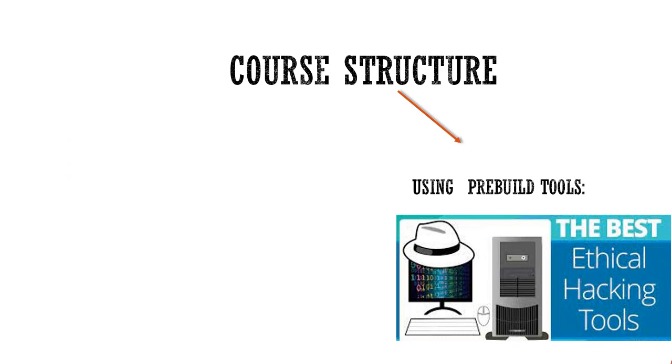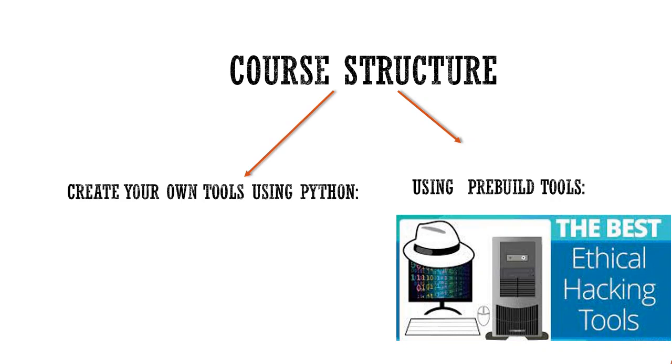They built them and all people around the world are able to use them. So the best ethical hacking tools. And the second part is to create your own tools by using the Python programming language, which is a very good programming language, and that is Python.